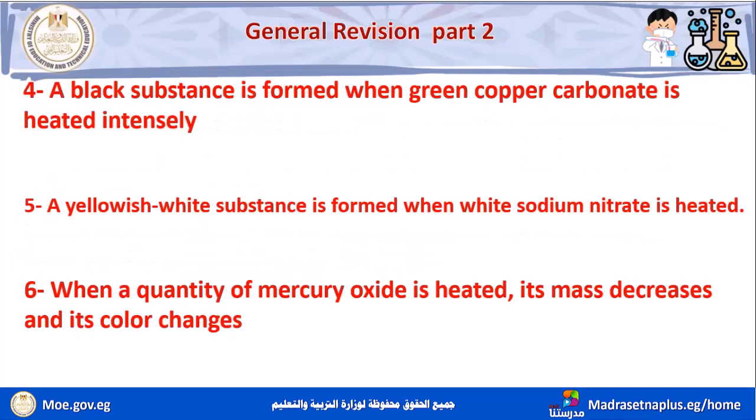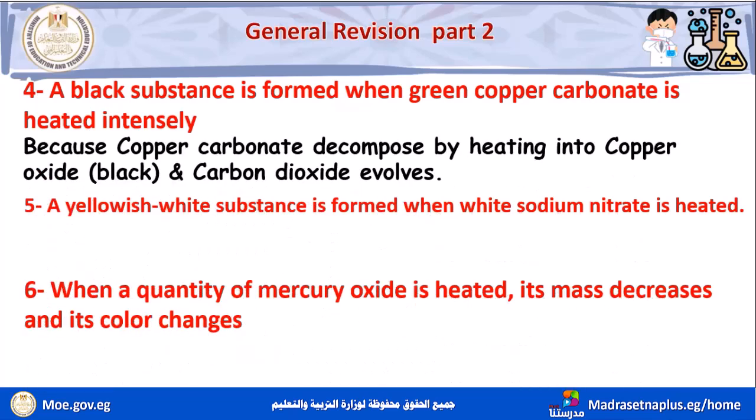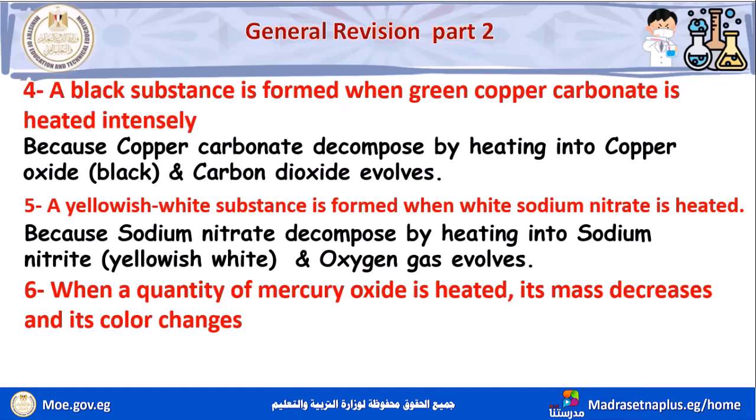Question number 4: a black substance is formed when green copper carbonate is heated intensely, because copper carbonate decomposes by heating into copper oxide, its color black, and carbon dioxide evolves. Question number 5: a yellowish white substance is formed when white sodium nitrate is heated, because sodium nitrate decomposes by heating into sodium nitrite, yellowish white, and oxygen gas evolves.